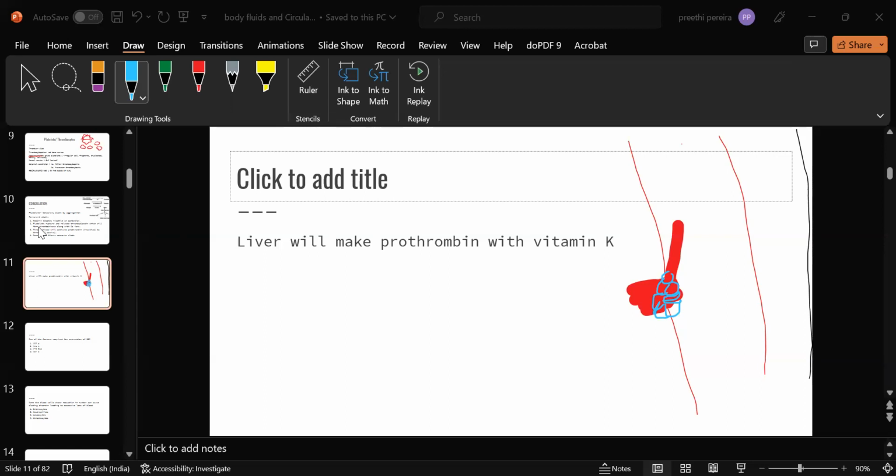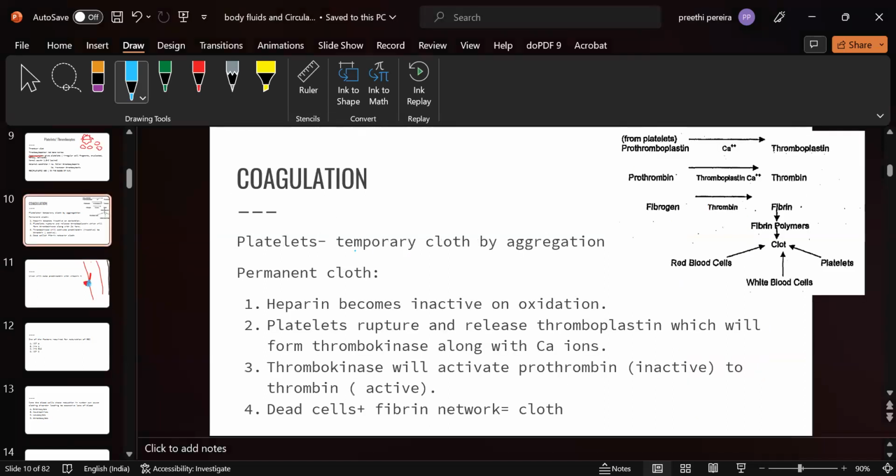This is a temporary solution. It's a temporary clot by aggregation.